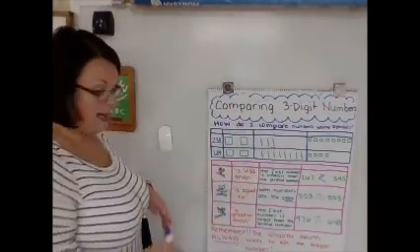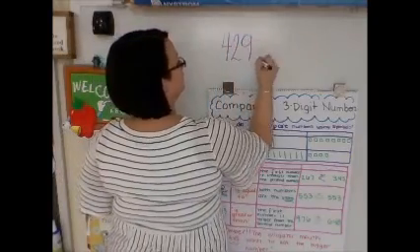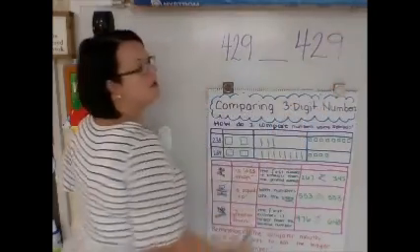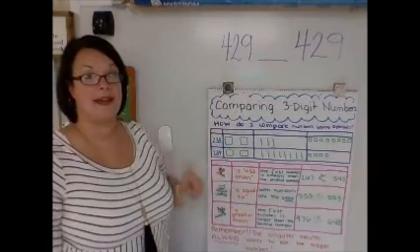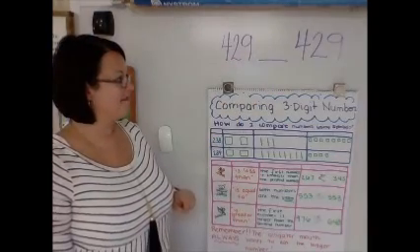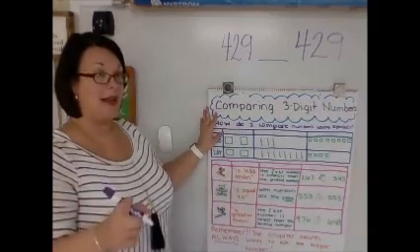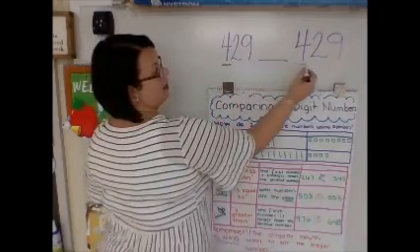This one is 429 and 429. Go ahead and compare those. Write this down on your paper and then put the correct sign in the middle. If you guessed an equal sign, you're right. But if you weren't sure, you could still use our same strategy.